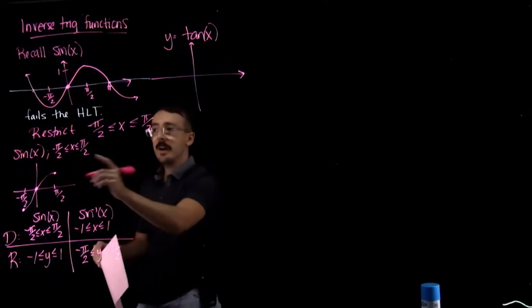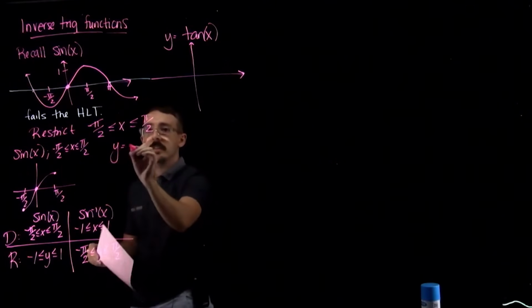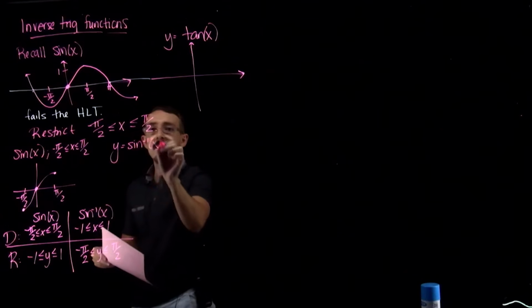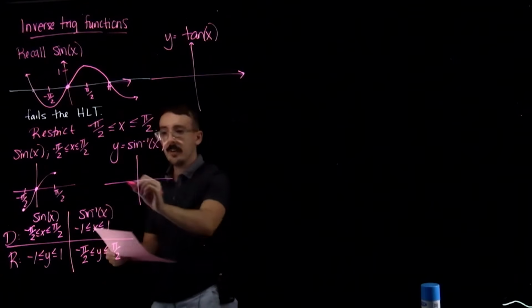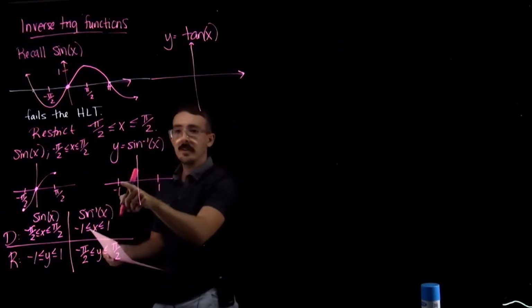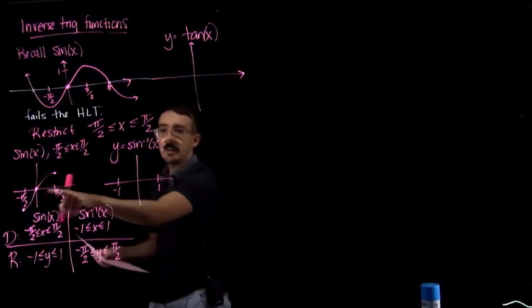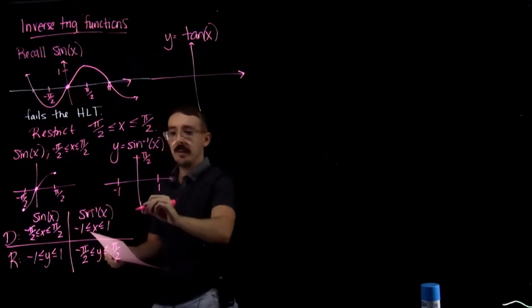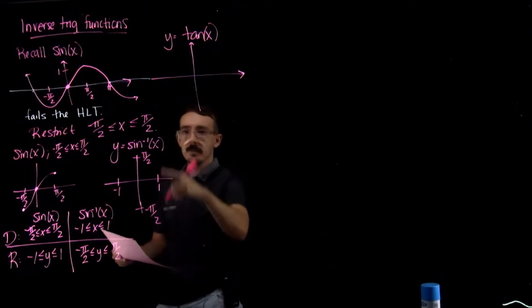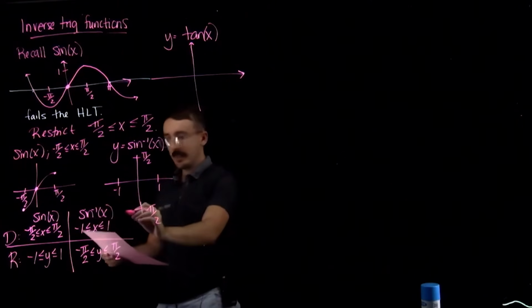And now finally I'm going to go ahead and draw what the inverse function looks like next to the original graph. So the domain goes from negative 1 to 1 instead of negative pi over 2 to pi over 2. And its range goes from negative pi over 2 up to pi over 2. And it looks something like this.